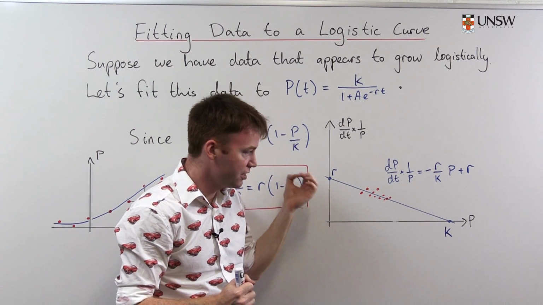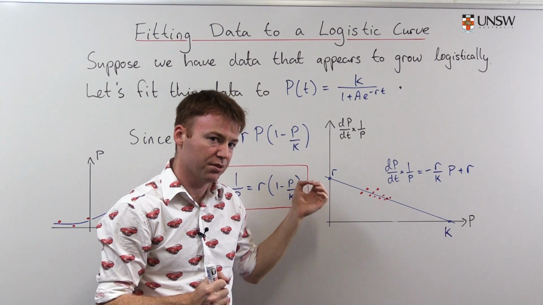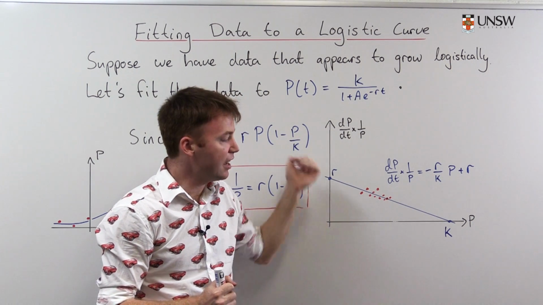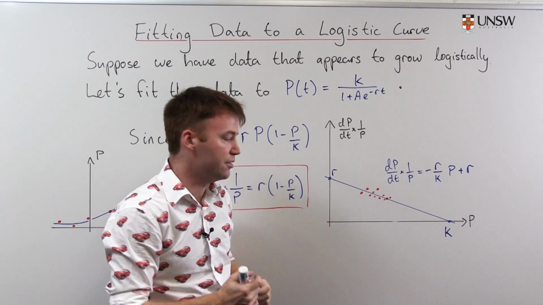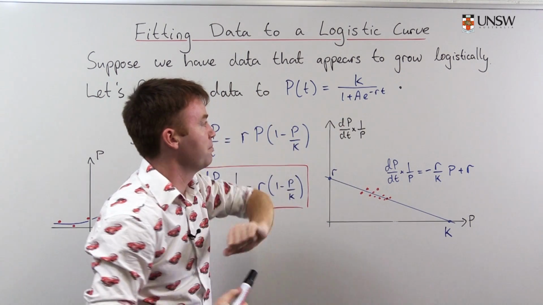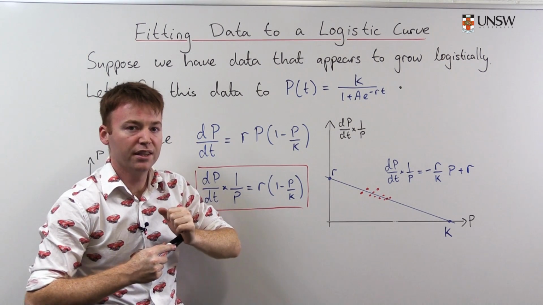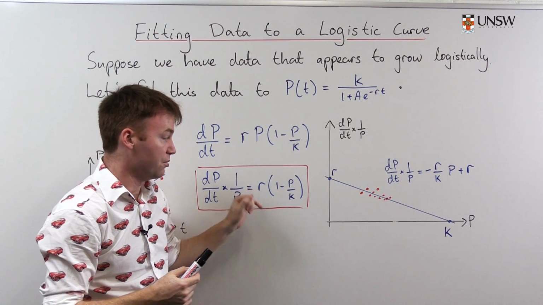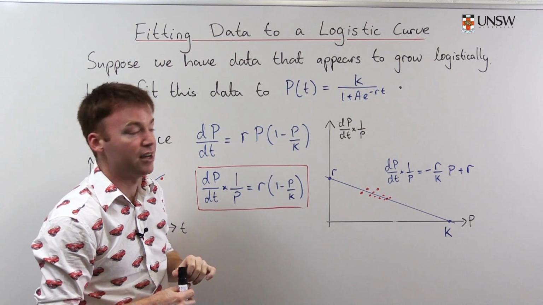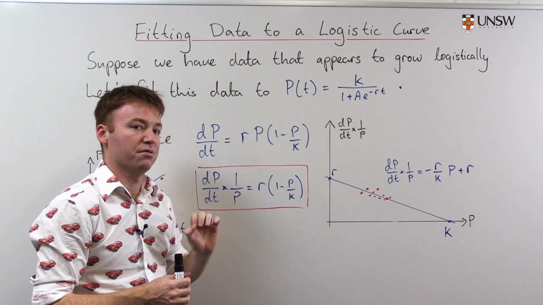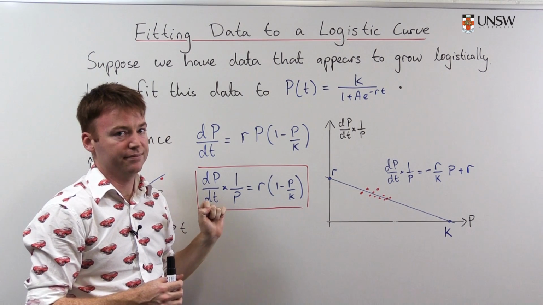We've got some assurance that this data actually grows logistically, and we've got the values of r and k. All I need to complete my logistic curve approximation is one additional value of population. So I take time to be something and I look at the population at that time, and that allows me to solve for A.